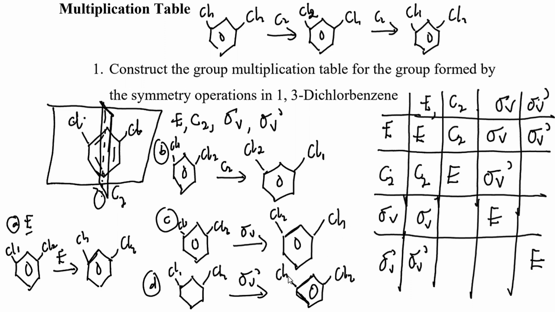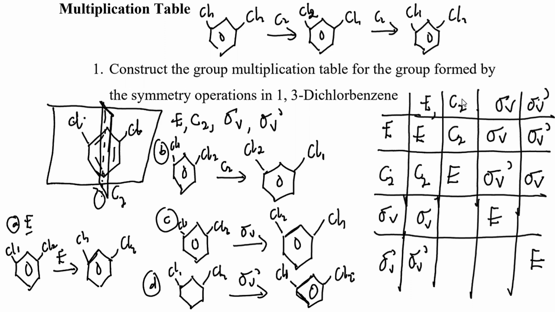It gives Cl1, Cl2, and then we carry out C2 on it. C2 will cause Cl2 to come here and Cl1 to come here. So this is similar to sigma v. So we have this to be sigma v.